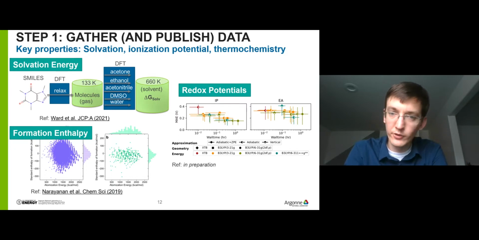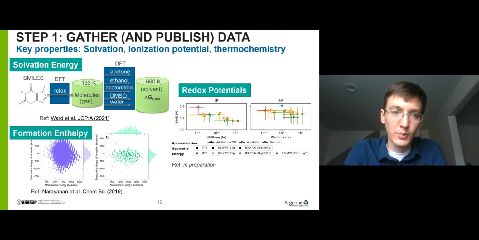As illustrated by some of the papers that have come out in the past few years, we built databases of one of the key properties, solvation energy, that includes the solvation energy for about 100,000 molecules within 5 different solvents. So a total data set size of about 2/3 of a million.